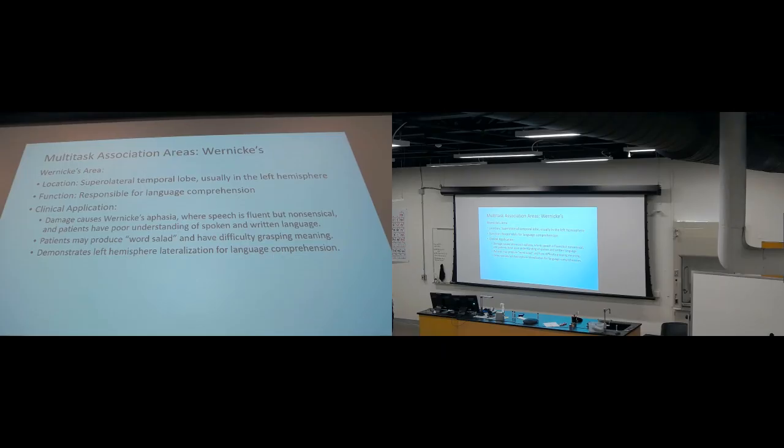Wernicke's, another area for language. This one is located superior and lateral to the temporal lobe. Just like Broca's, it is located in the left hemisphere. And this one helps us to understand language. So if someone has damage to Wernicke's area, the person would have something that's called Wernicke's aphasia.